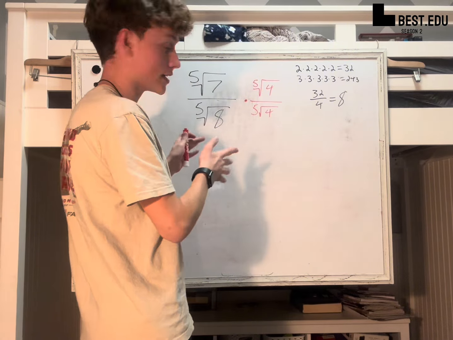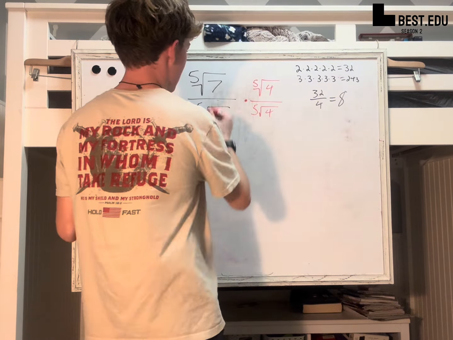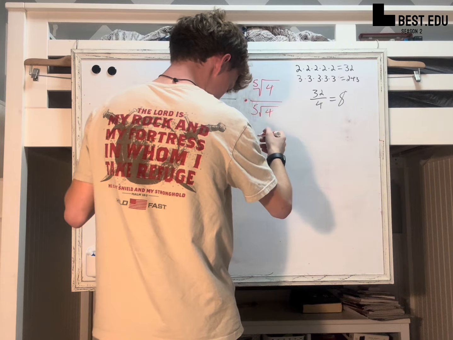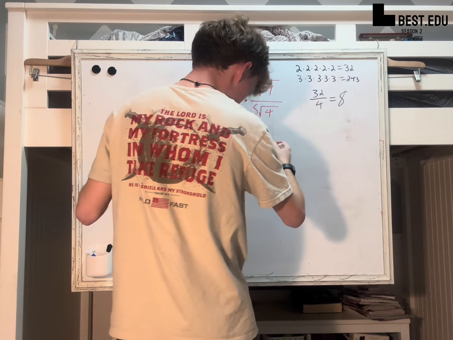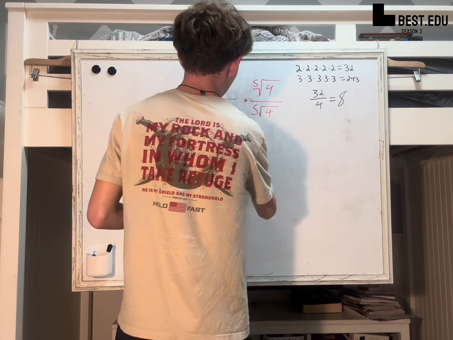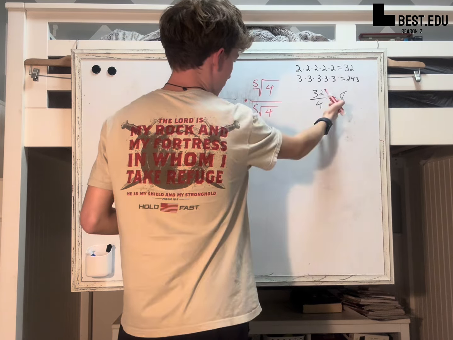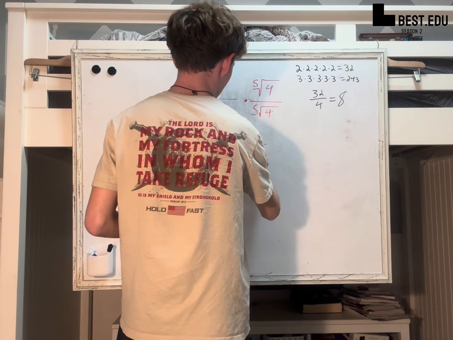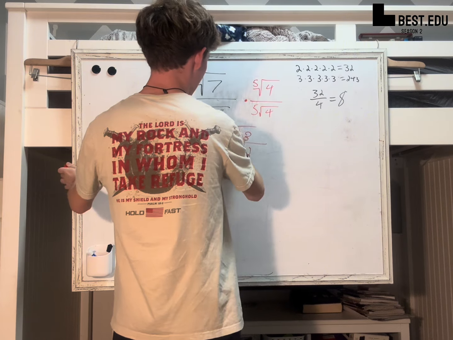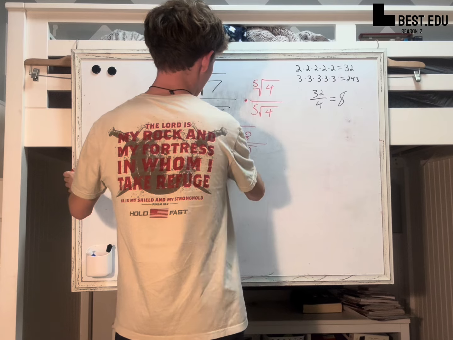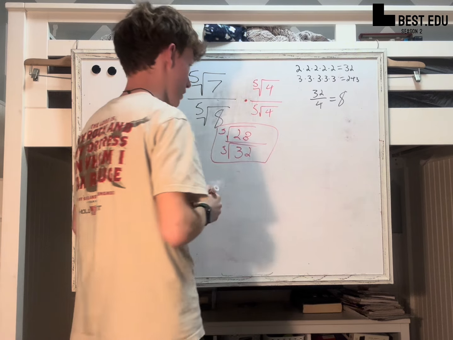Okay, so now we're going to take these numbers, and 7 times 4 is 28, and 8 times 4 is 32, right? And we're going to put our 5th root over here, and that is your answer.